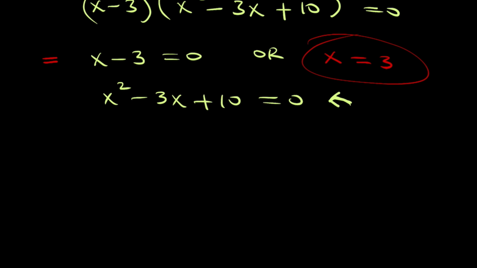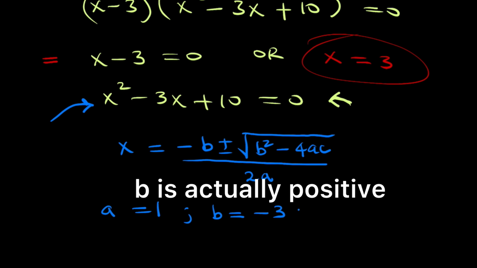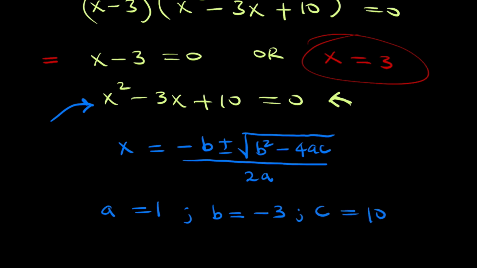This cannot be factorized, so we use the general quadratic formula, which is x is equal to negative b plus or minus the square root of b squared minus 4ac divided by 2a. Carefully looking at this quadratic equation, our a is 1, our b is -3, and our c is 10.